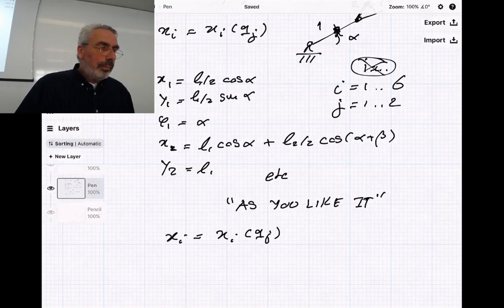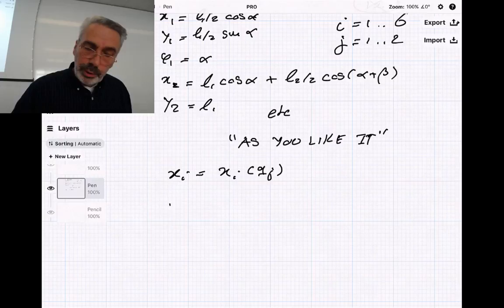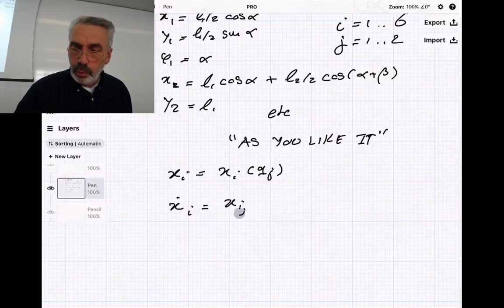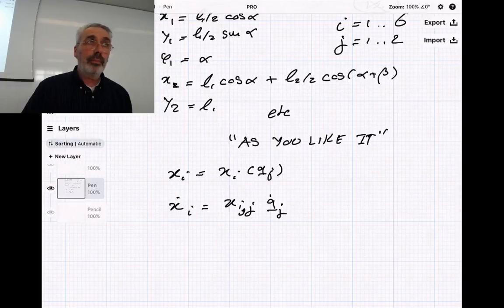Now for the kinetic energy, remember, there was something with the speed, so we first have to define the speeds. That is, again, super simple. x dot i is xi,j times q dot j. So now we have the speeds.